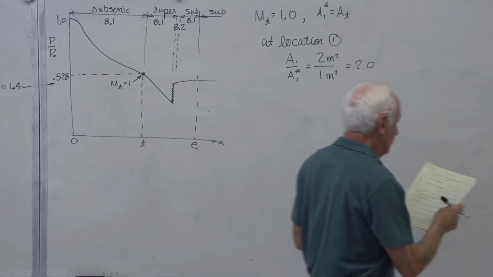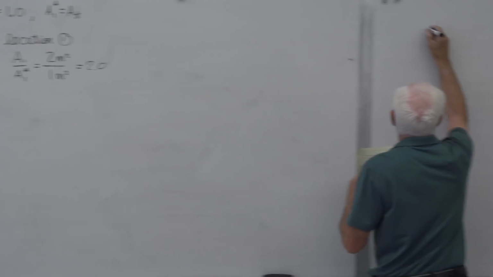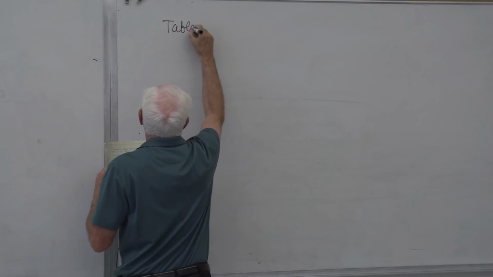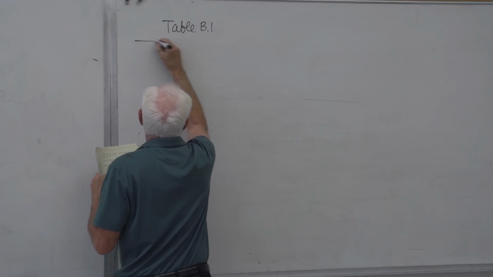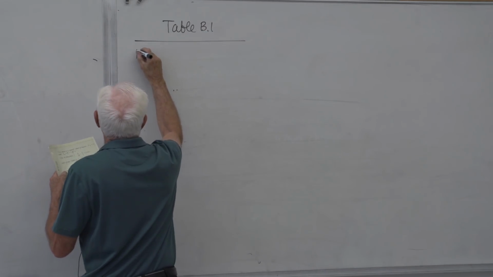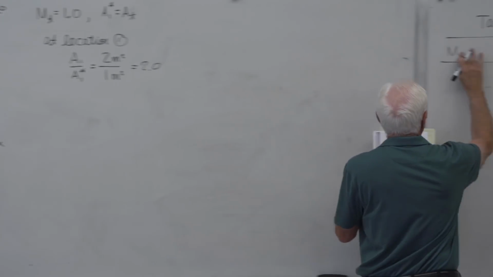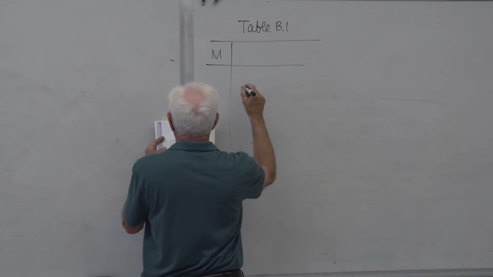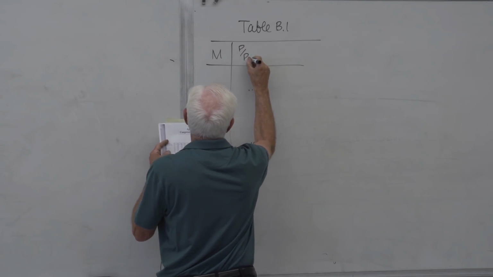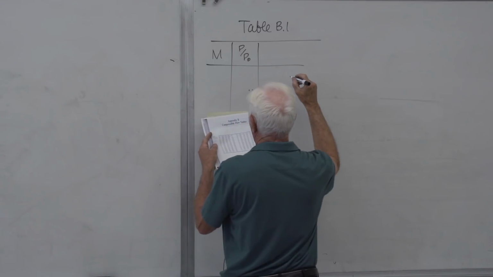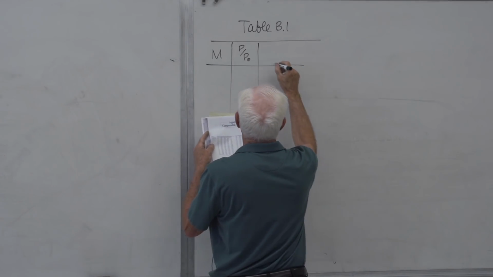I go to table B1, and I have the Mach number in there. Here we are. And not 1, just the Mach number. P over P naught. Rho over rho naught.